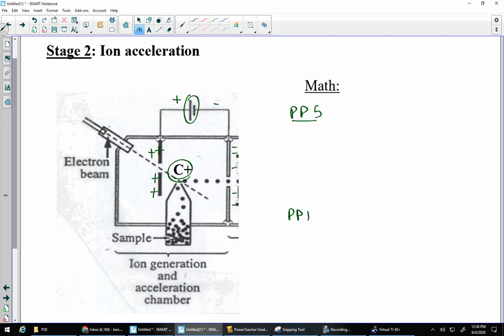So assuming that that carbon starts at rest, we're starting with some electric potential energy and we're going to finish with kinetic energy. Assuming that it goes across the entire potential difference or voltage, we know that electric potential energy is delta V times Q, and our kinetic energy is 0.5 mv squared.